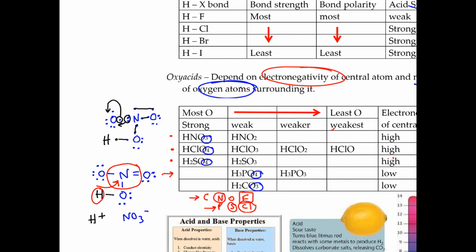Okay, so the two factors, lastly, are the electronegativity of the center, which is high with N, S, and Cl, and the number of O's as well. Because they're high in electronegativity, they draw the electrons away, and when that happens, this bond becomes weakened, and this goes off by itself, and this stays. And that's what's going to happen with HNO3, HClO4, and H2SO4, but not with phosphoric acid or carbonic acid.